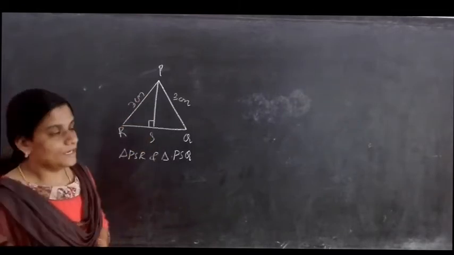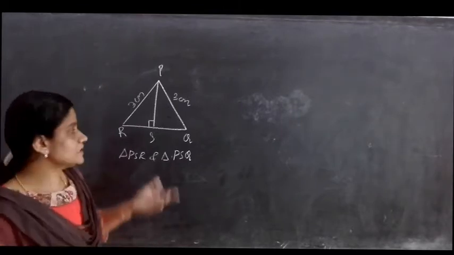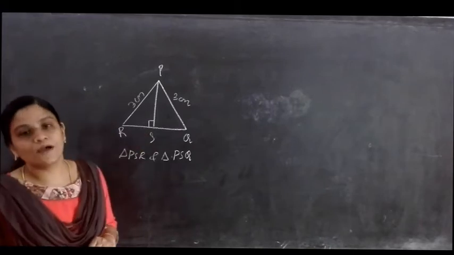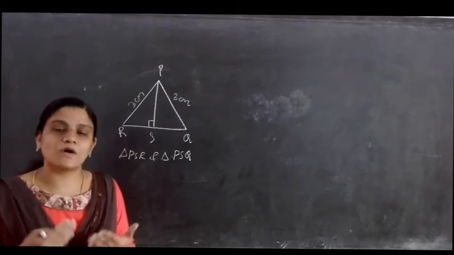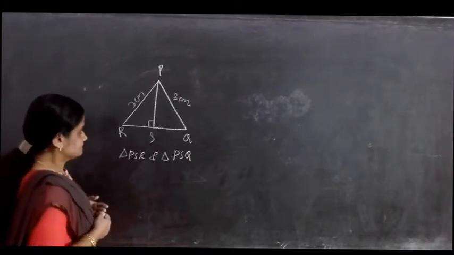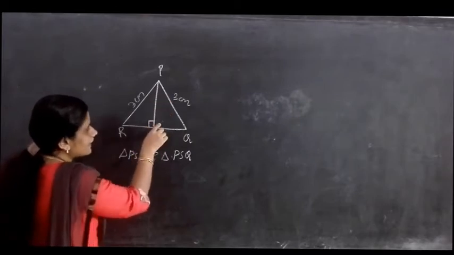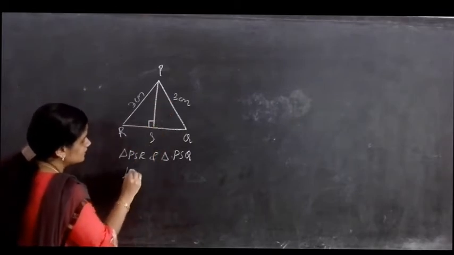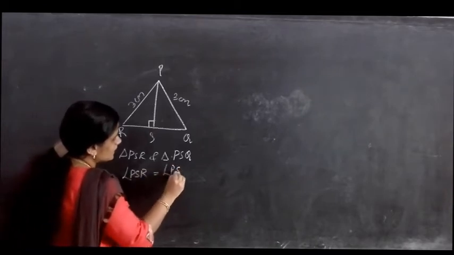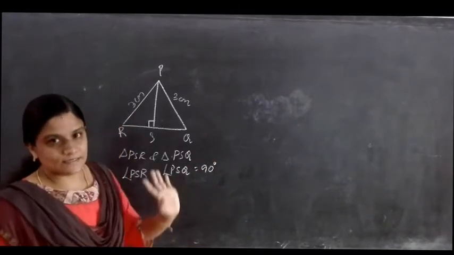Is that clear? Now if we want to check whether these two triangles are congruent or not, since they are right angled triangles, we are going to see whether the RHS congruence rule is satisfied. Here the right angle is angle PSR equal to angle PSQ equal to 90 degrees.